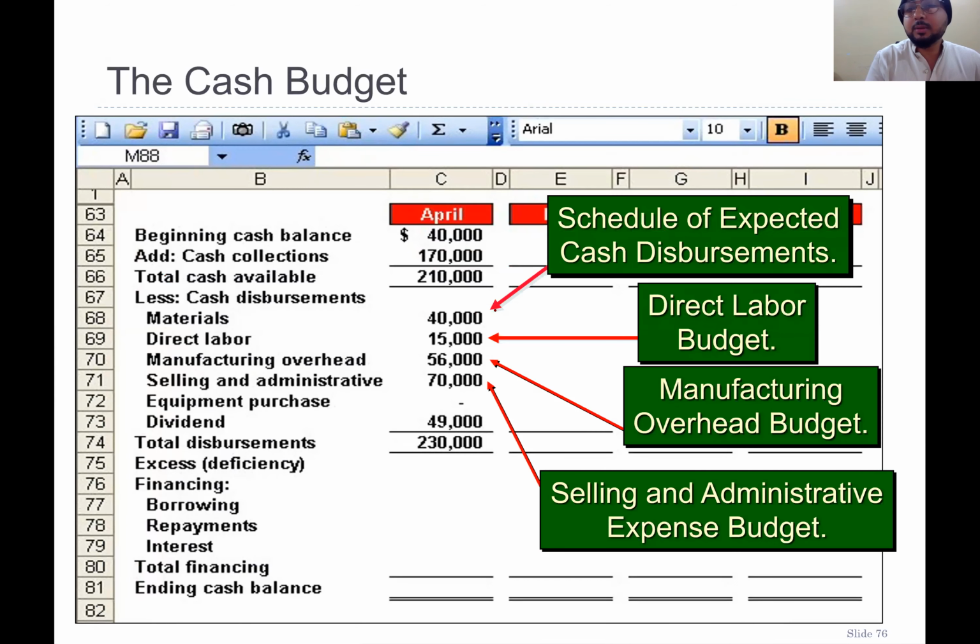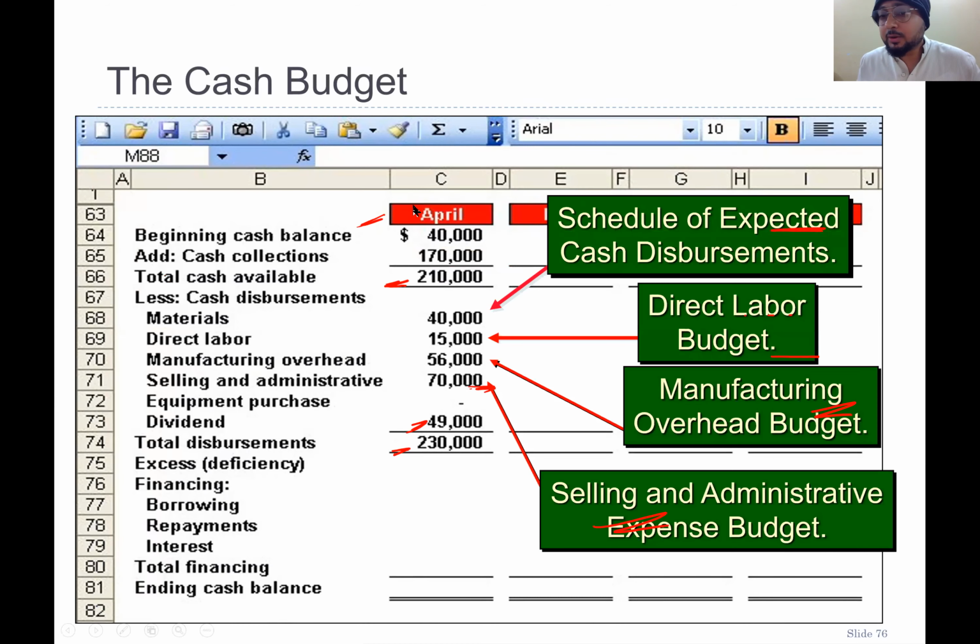This 40,000 is coming from expected cash disbursement for material. This is coming from labor. This is coming from manufacturing overhead. And this is coming from selling and admin. But remember, the question says 49,000 is going to be your dividend in April. So your April payments exceeded your collection.